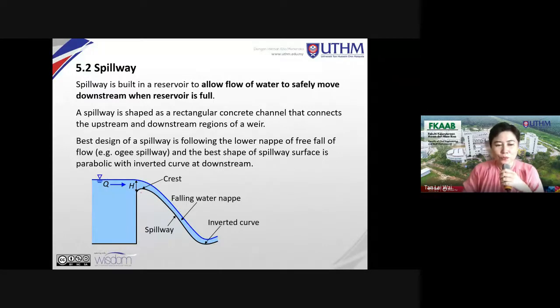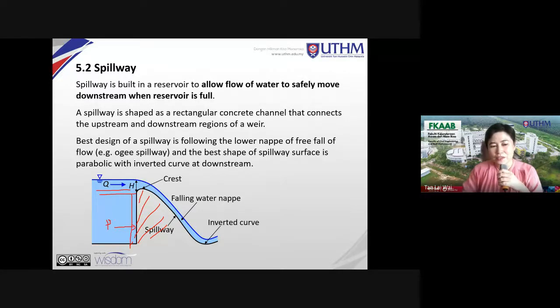Now, when you build a dam, right? When you build a dam, you normally consider the depth behind the dam, because you consider the pressure towards this structure, the dam structure here. Now, if the depth of flow behind the dam is too high, the pressure increases behind the dam.